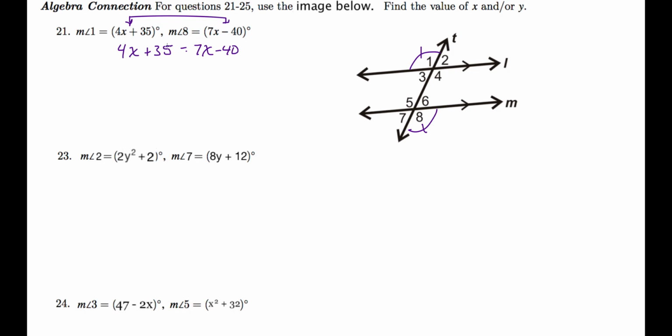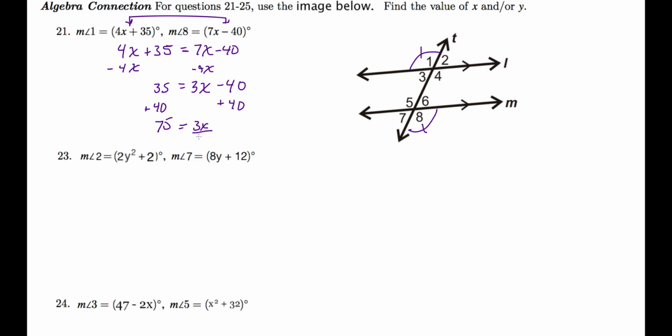And this is kind of bugging out on me here. So I can subtract 4x over here. Might as well just do it now. 35 equals 3x minus 40. Now I can add 40. 3x equals 75.